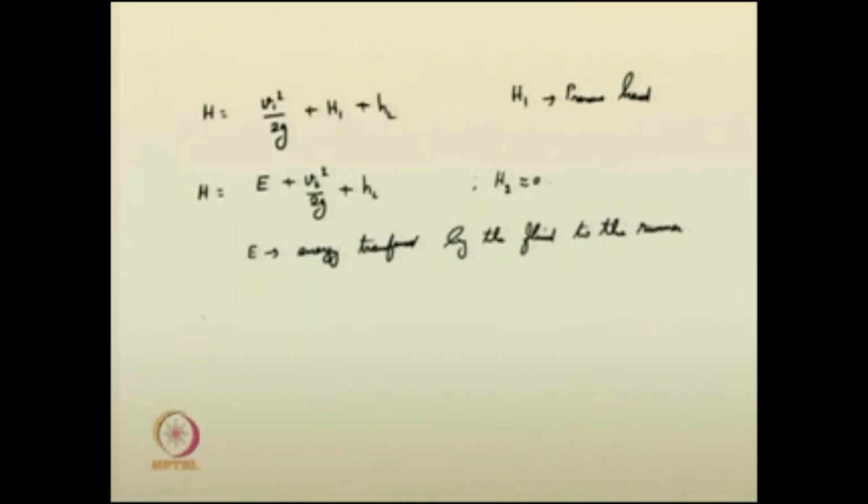Okay. So, one can easily identify efficiency eta, this is P W by rho g Q H here, right. So, why H? In pumps we use the term delta H, that is change in head.